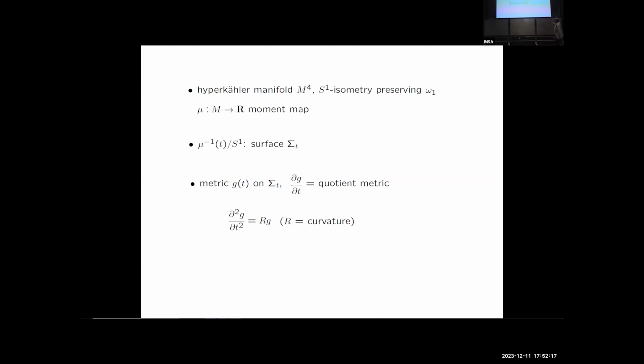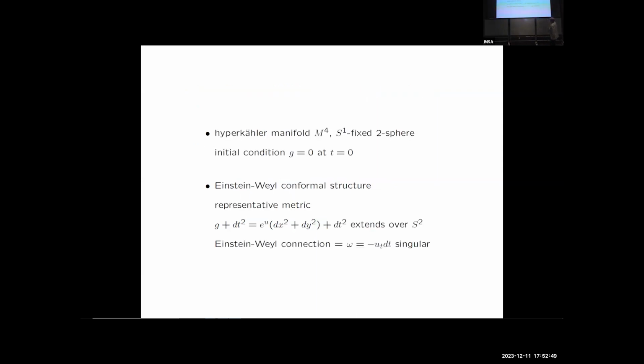And it turns out that there's another metric on the underlying space that evolves according to this second equation. It's like a wave equation and a heat equation. But if you take just the Gaussian curvature and solve this equation with certain initial conditions, then that's equivalent to describing this Einstein-Weyl structure.